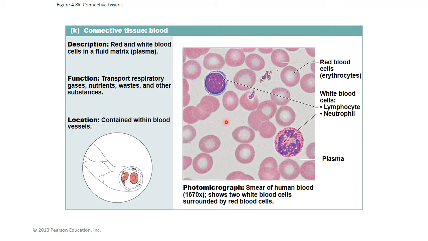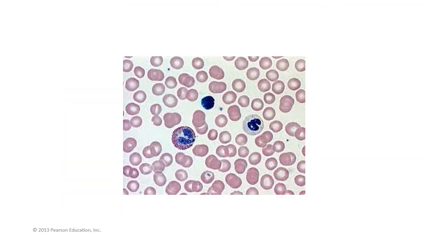It's called the buffy coat. And that's where you find the WBC. So that's why I call them white cells, because they're contained in that little white area when you centrifuge blood. And then the top part is going to be a straw-colored liquid, and that's the blood plasma.